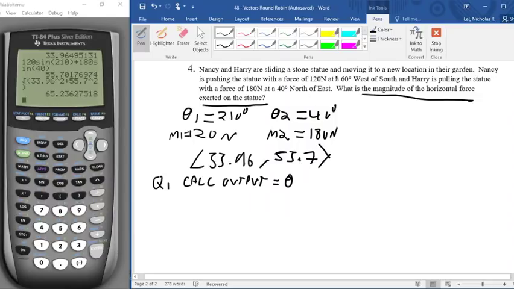And the horizontal force on the statue is going to be 33.96.